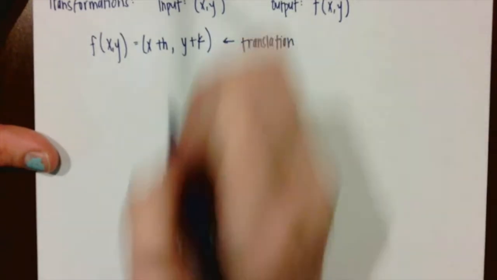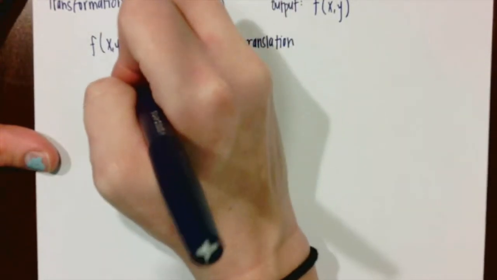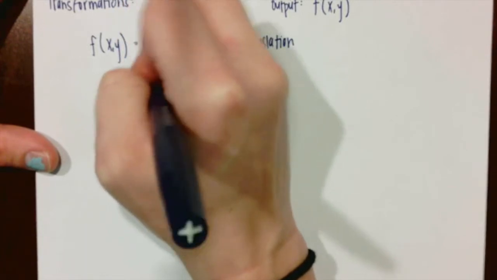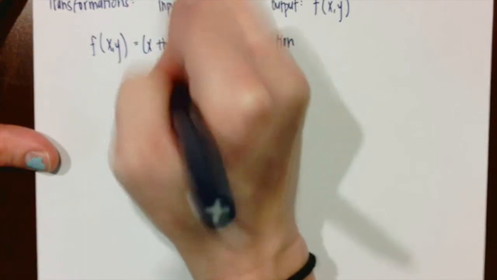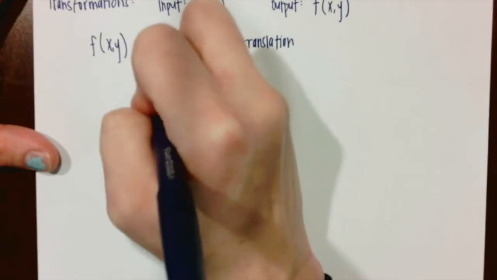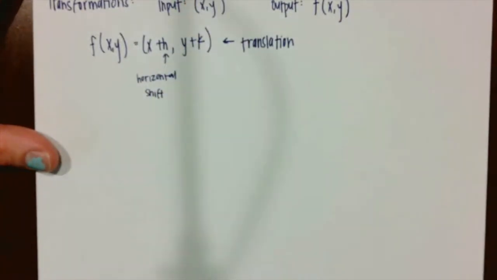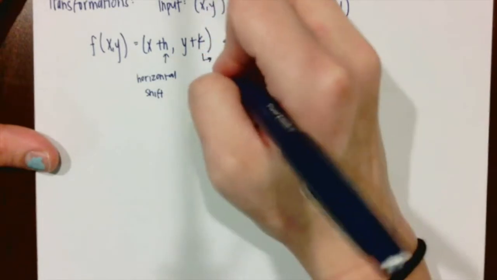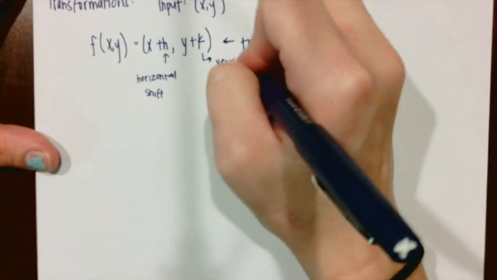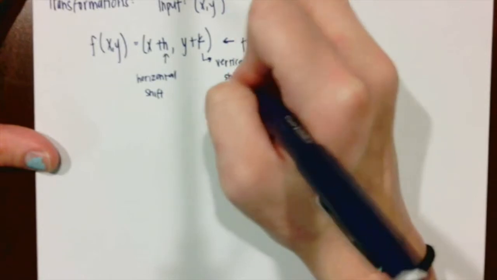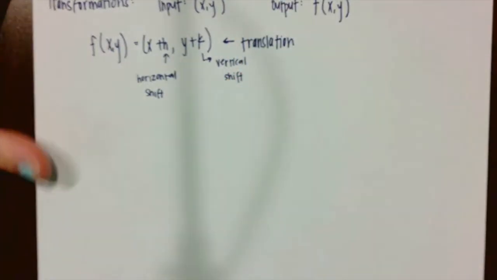The reason I identify this as a translation is that h represents a horizontal shift, so it tells me how far I'm going to be moving to the left or right. And k represents a vertical shift. It tells me how far I'm going to be moving up or down. And we know that translation is when we're basically just sliding a shape around.